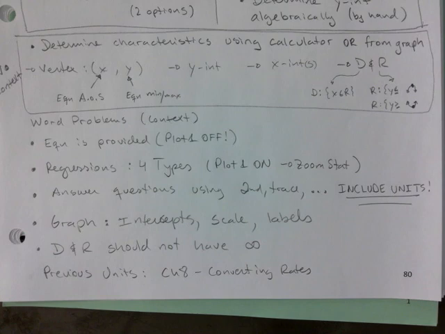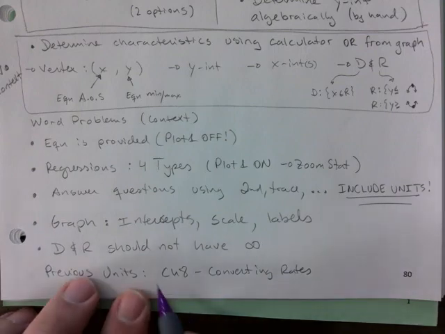Remember going from gallons per minute to liters per hour, or miles per hour to kilometers per hour, meters per second to kilometers per hour, that kind of stuff. Just make sure your study sheets have rates. It's not going to be a lot, so don't spend a whole lot of time reviewing chapter 8 completely, just converting rates.